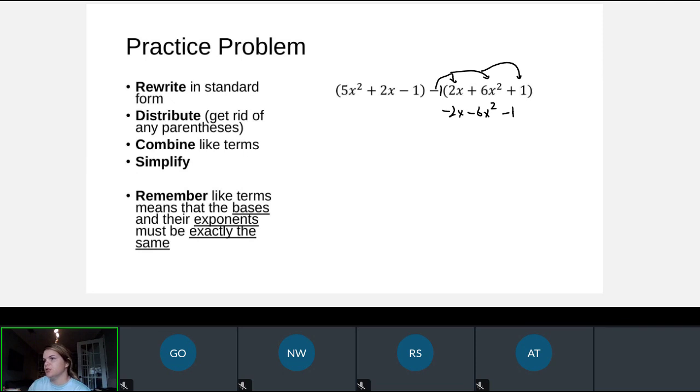Good, Amari. That's a good start. So she just distributed the -1. Perfect. And actually, you can take those parentheses away. So the distributing gets rid of those parentheses. So now we're able to combine.